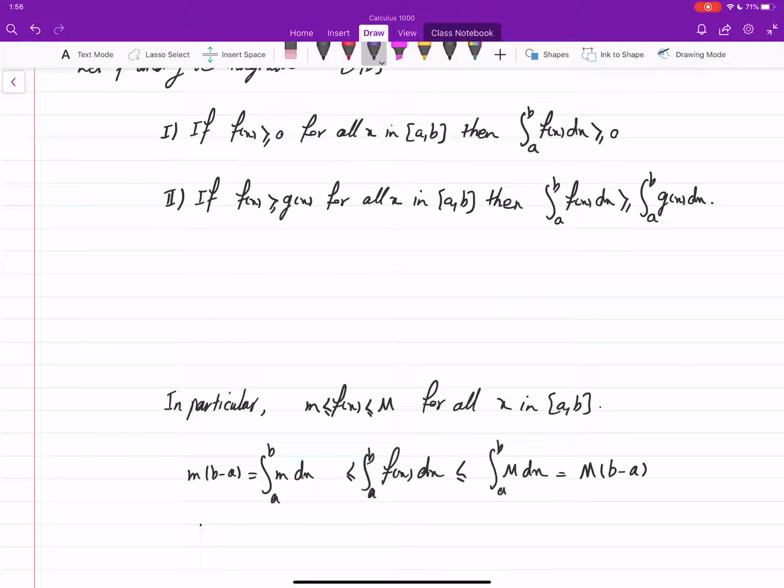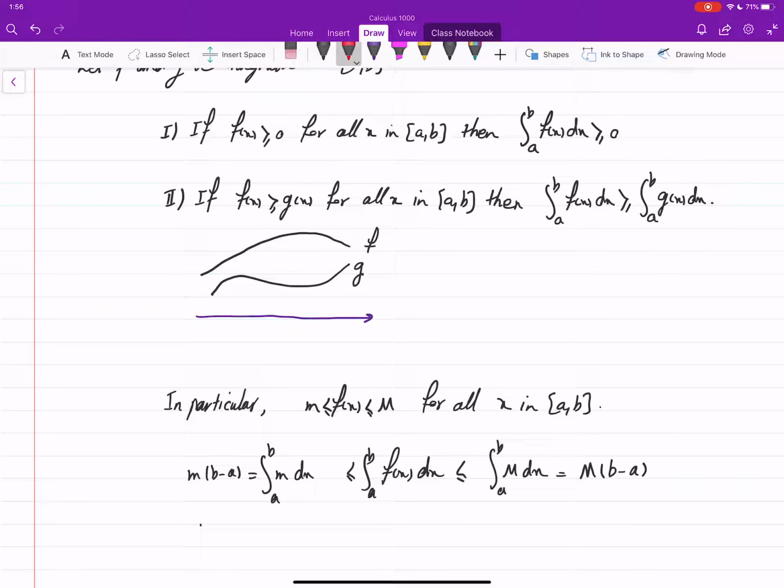I will just go ahead and do one graph for the second one. If I have two functions, let's say both of them are positive in this case, this is f, and we are supposed to have g less than f. F is above g.